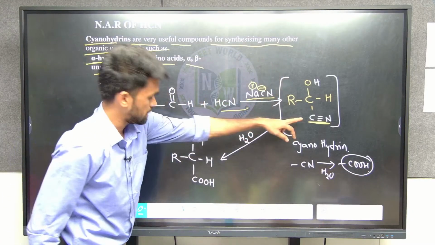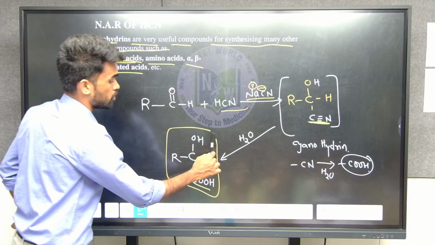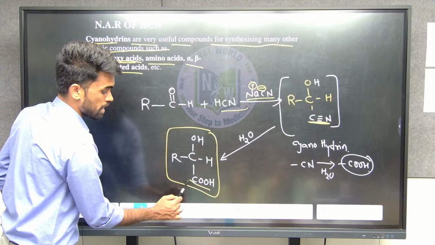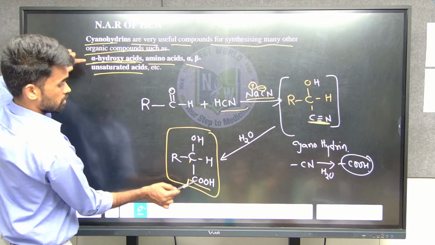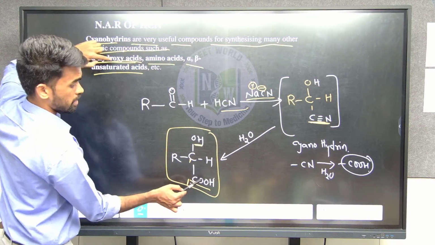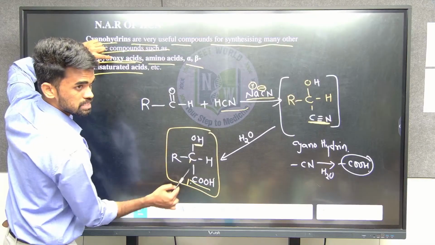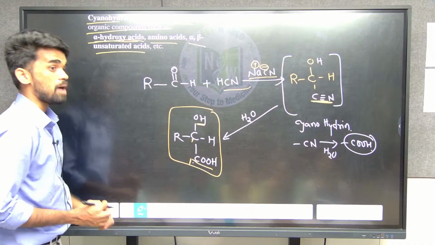So cyanide is converted into what form now? Carboxylic acid. So now tell me what is the name of this compound? Carboxylic acid is priority 1, and this is alpha. So I can say alpha hydroxy carboxylic acids, can we say? Yeah.